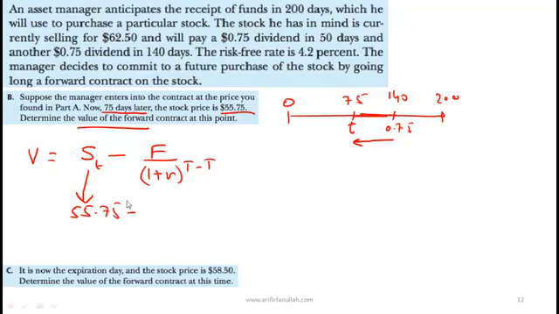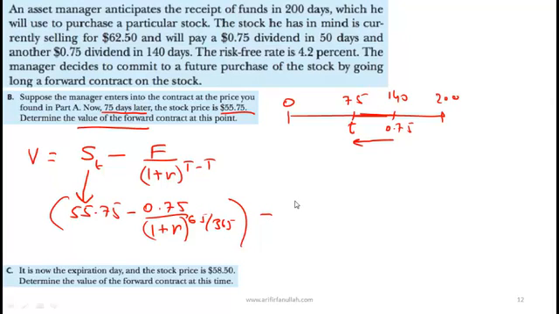So this is 0.75 divided by 1 plus the discount rate to the power of 65 over 365.